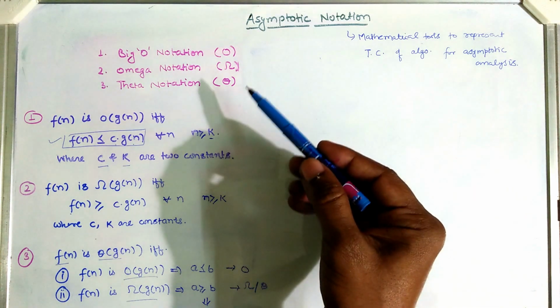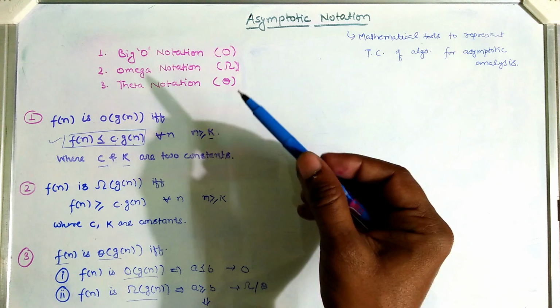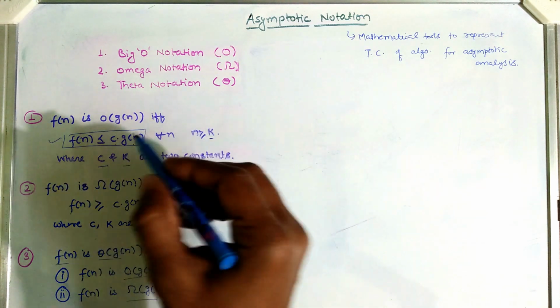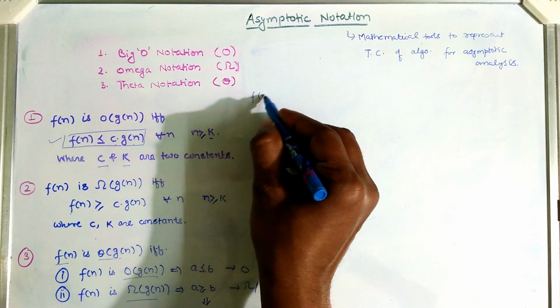For the first definition, that is for big O notation, suppose we have two functions f(n) and g(n).